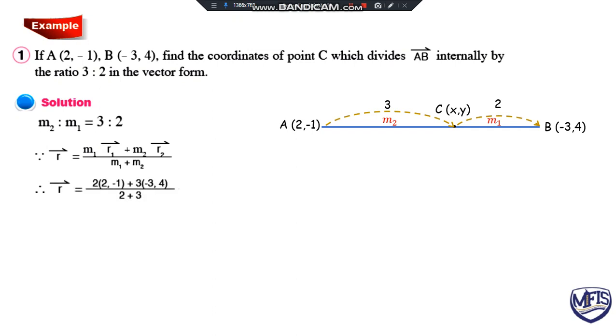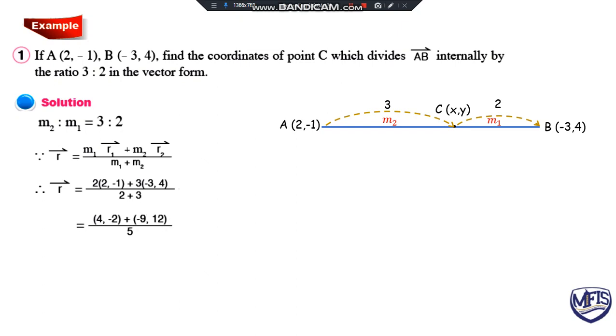So M1 will be 2 multiplied by R1, which is represented by the point A, (2, -1), plus M2, which will be 3 multiplied by R2, represented by the ordered pair (-3, 4), over M1 plus M2, which will be 2 plus 3.